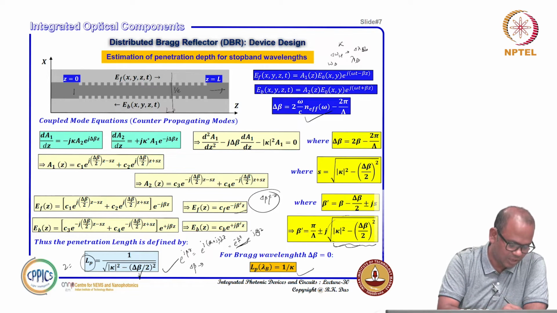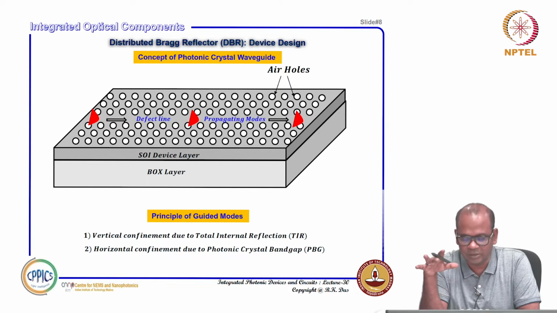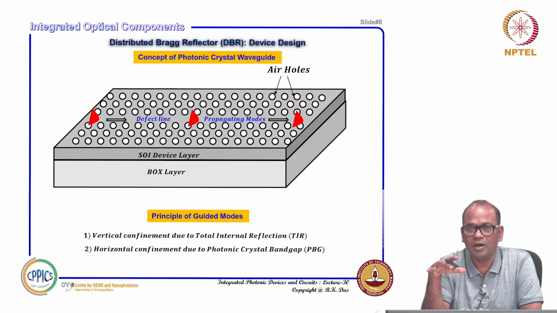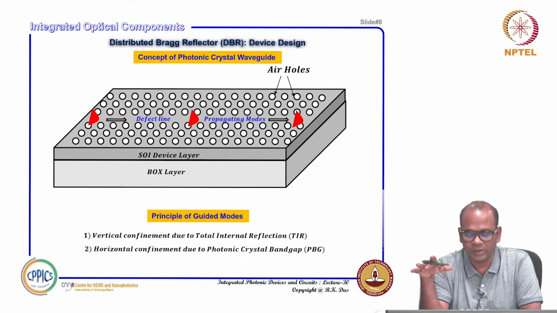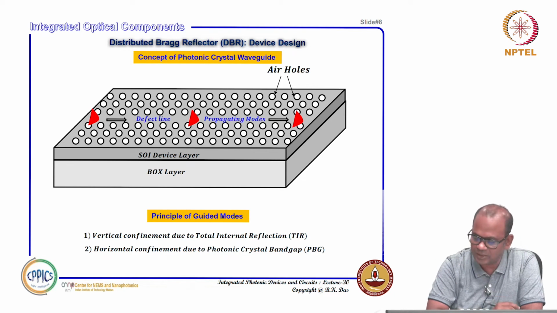That is well known, and a lot of interesting integrated optical components have been demonstrated with certain advantages. I will explain qualitatively how such photonic crystals are realized for a planar photonic integrated circuit. You see, this is a 3-dimensional structure.